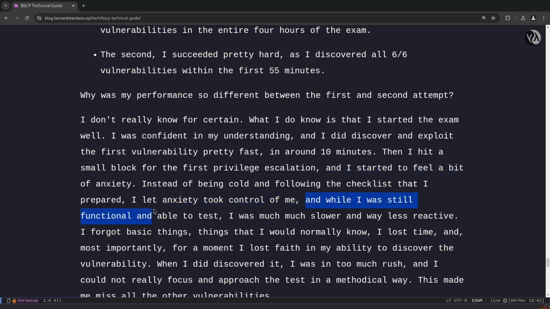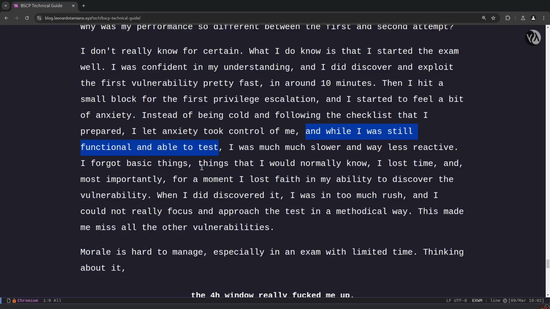I was still able to be functional, so I was still able to test. However, I was much slower, and I would say I was also way less reactive. I did not really understand what was going on. I was confused. I forgot basic things that I would normally know. I lost time, and more importantly, for a moment, I lost faith in my ability to discover the vulnerability.